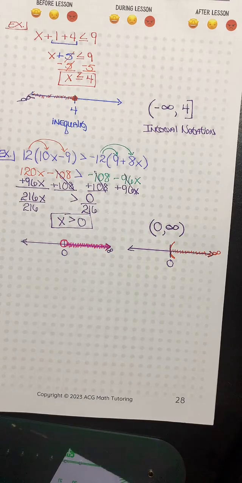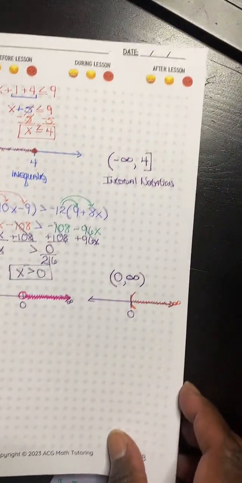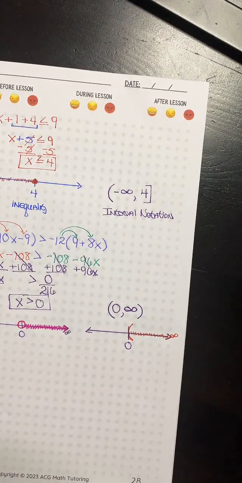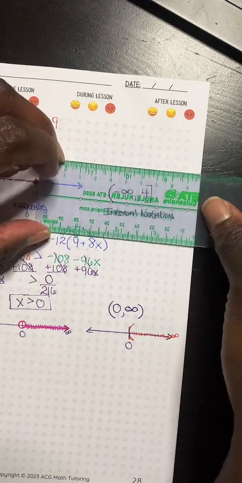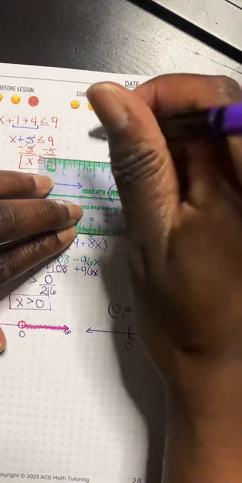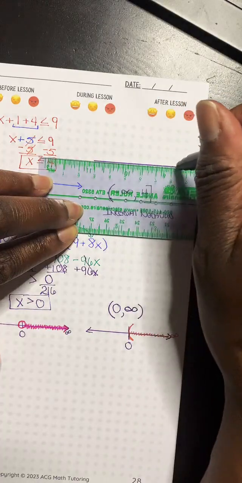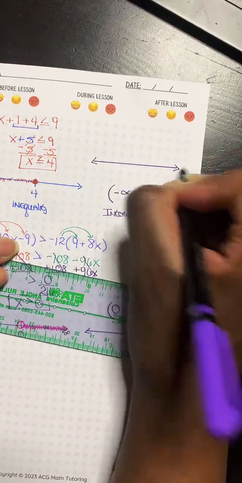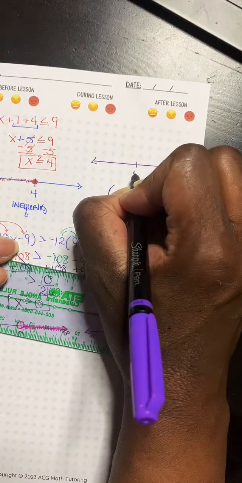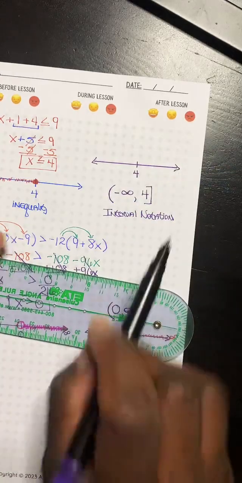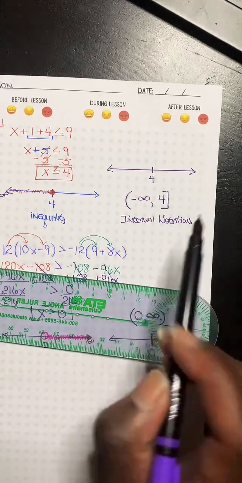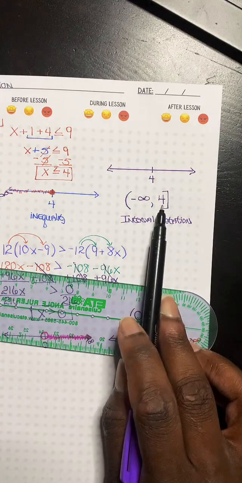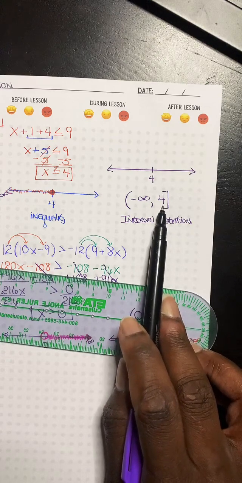So, anyway. All right, so if I wanted to go back to that first question and graph that, okay, again, we're going to be using 4. I'm just going to stick 4 right there in the middle. Now for this one, my lowest number was negative infinity, and we were stopping at 4, but we included the 4.